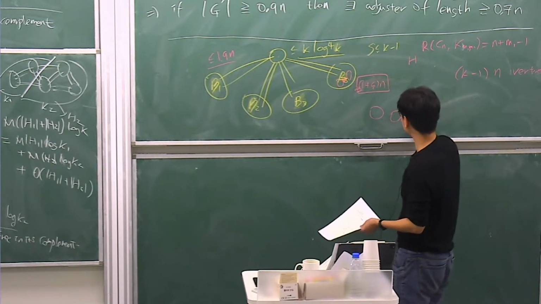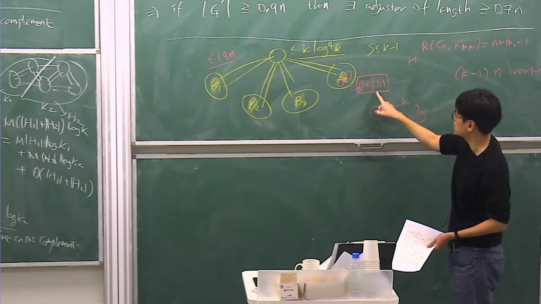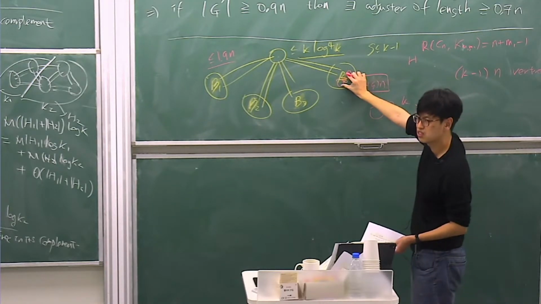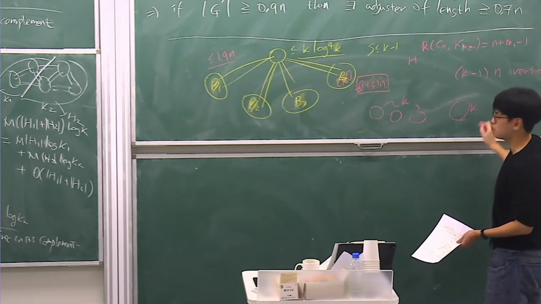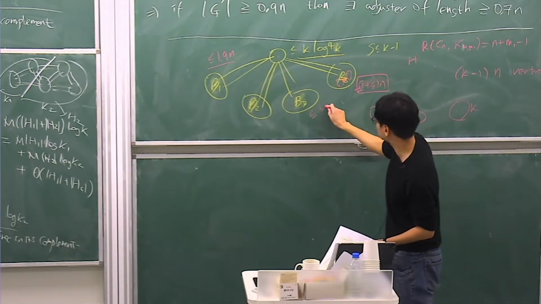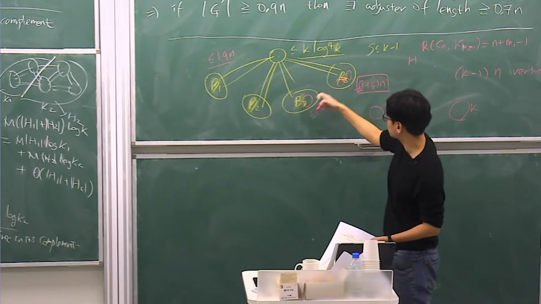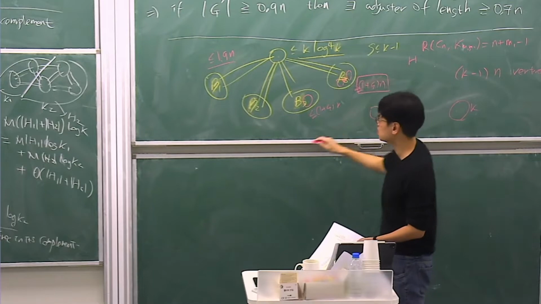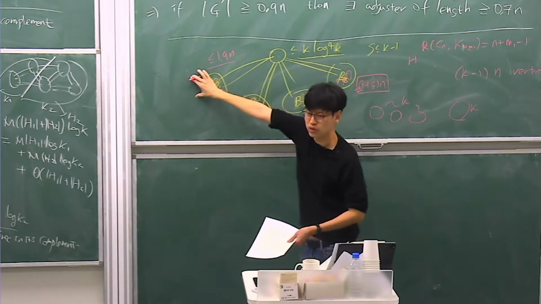H has k parts. If this one is bigger than 1 plus epsilon n, then you can find two parts from there. But how many parts do you have to find? K parts, right? So you find two parts here, and if this one is smaller than 1 plus epsilon n, then you find just one part, where this and this are completely independent. So this can play the role of one part in H. As long as this is bigger than this, you can find two parts.